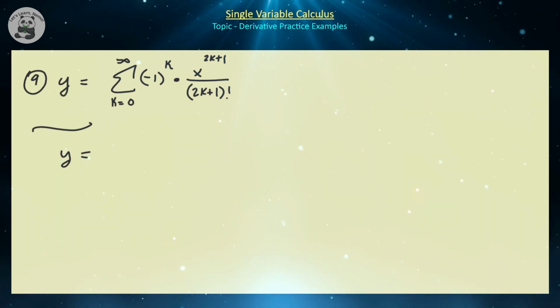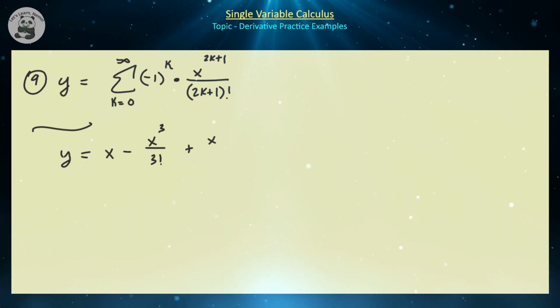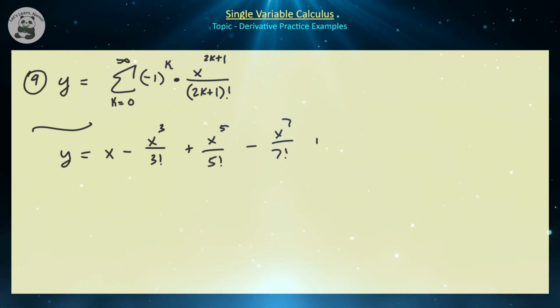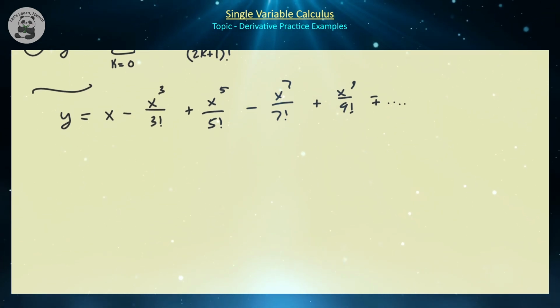If we replace k equals 0, k equals 1, k equals 2 for the first few terms, what you're going to have here is x minus x cubed over 3 factorial plus x to the 5 over 5 factorial minus x to the 7 over 7 factorial plus x to the 9 over 9 factorial, minus, plus, and so on. So you're just going to have an alternating sum of odd powers of x, because keep in mind that's over the odd numbers factorial, right?